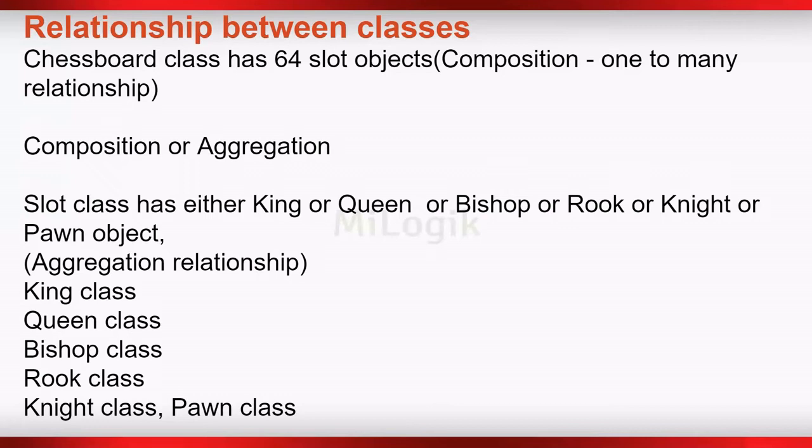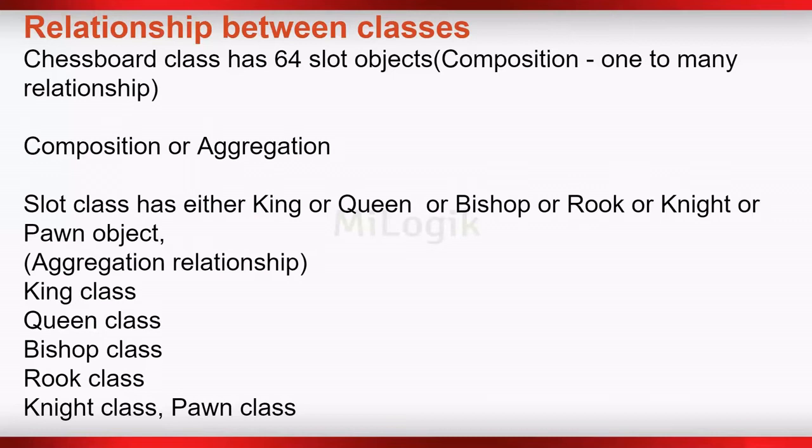Next, what is the relationship between the slot and the queen, king, bishop, rook, and other classes? The relationship has a relationship. Since it's a weak relationship, it can be considered as aggregation relationship. So if you take a slot class, you will have one data member to identify whether it is white or black slot, and you will also have queen or bishop or rook.